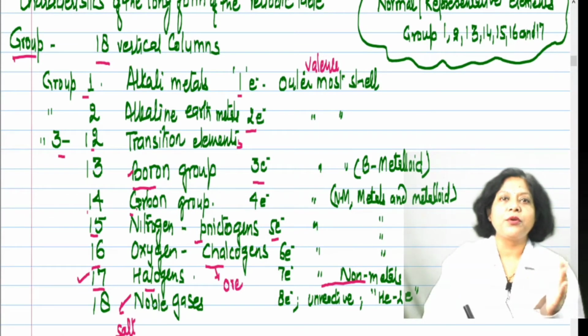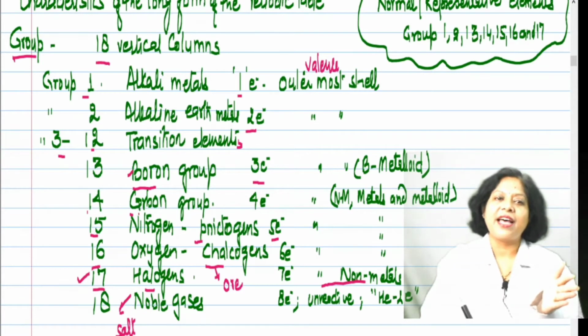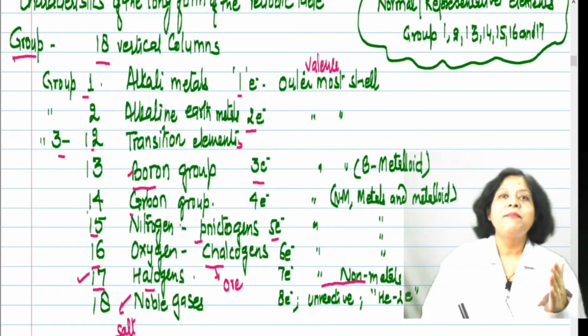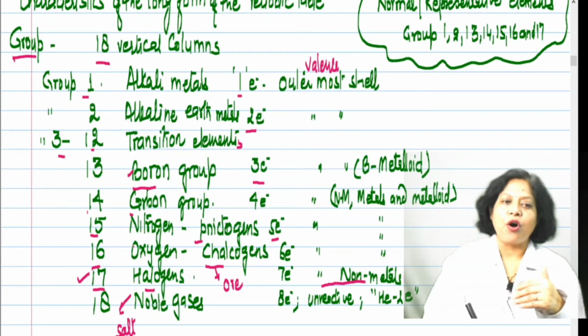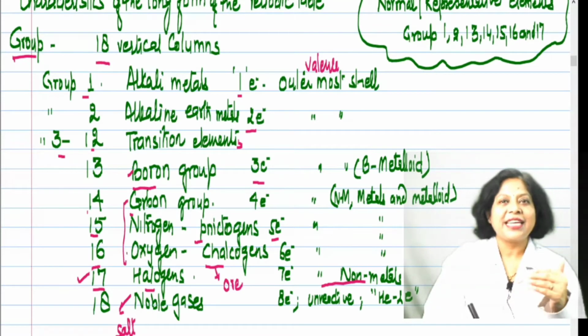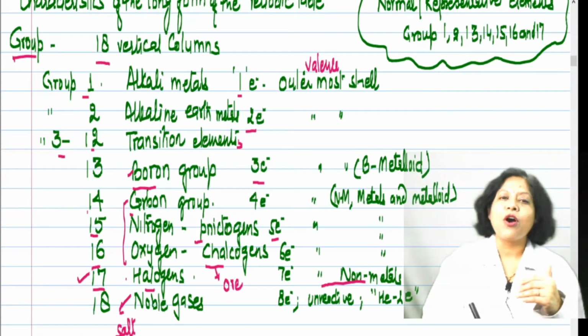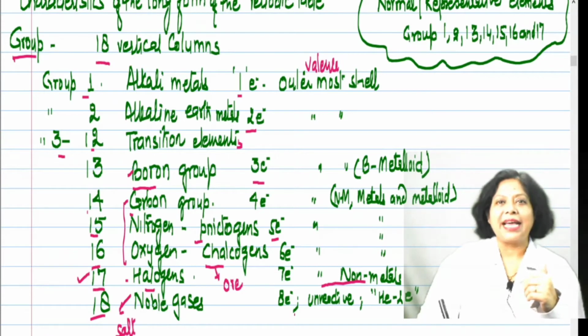From carbon, the elements are classified into non-metal, metalloid and metals. Nitrogen also, oxygen group also. So these three have all 3 types of elements, but when we talk about halogens, it has only non-metals. Then group 18 is also known as the noble group or noble gases group or inert gas group.